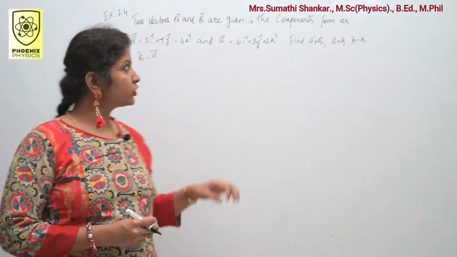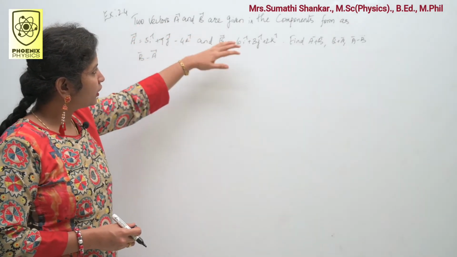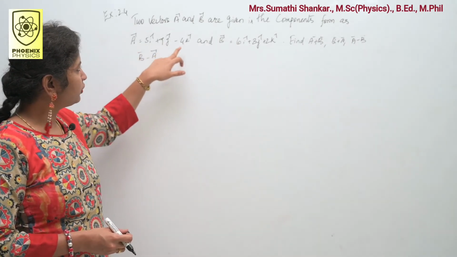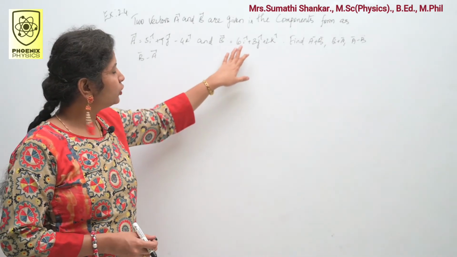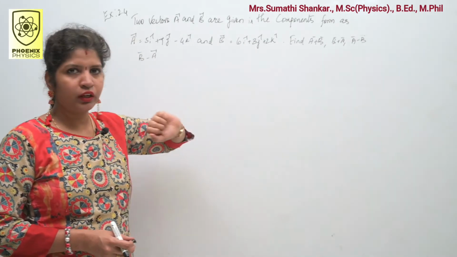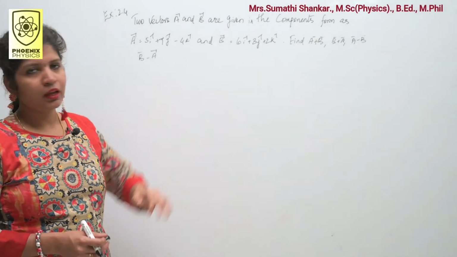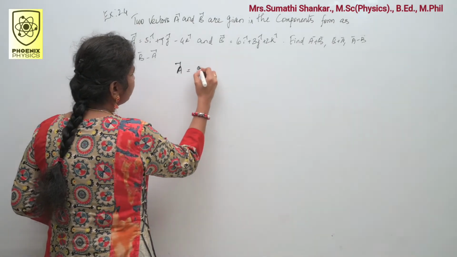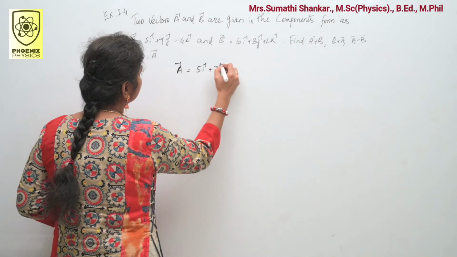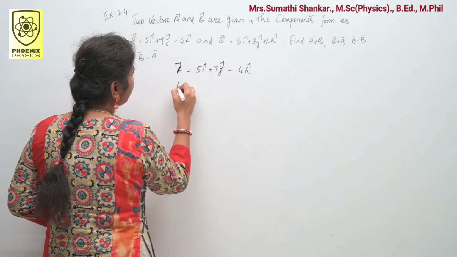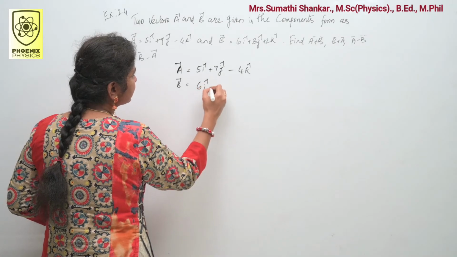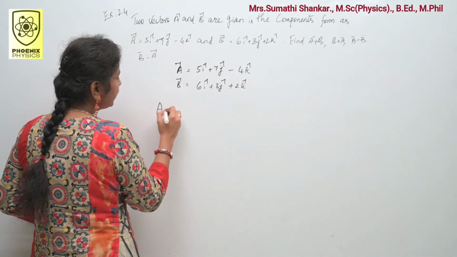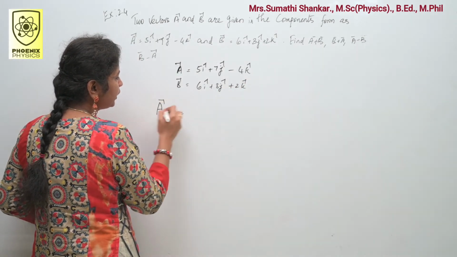One example problem is given. Two vectors A and B are given in the components form as A is equal to 5i vector plus 7j vector minus 4k vector and B is equal to 6i vector plus 3j vector plus 2k vector. Find A plus B, B plus A, A minus B and B minus A. First, find out A plus B. How do you find out A plus B?